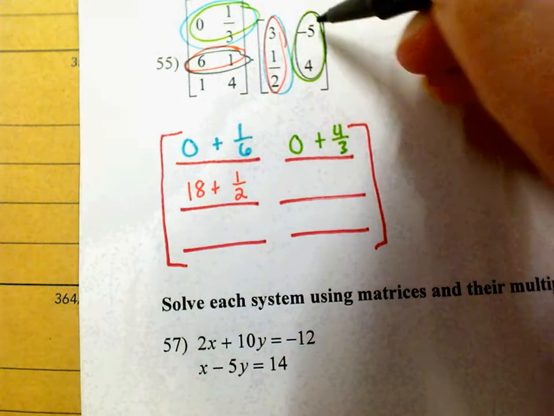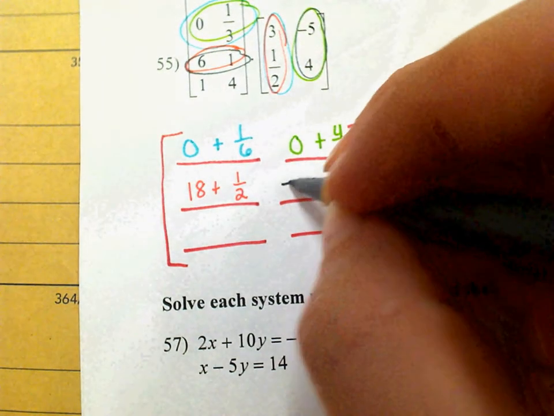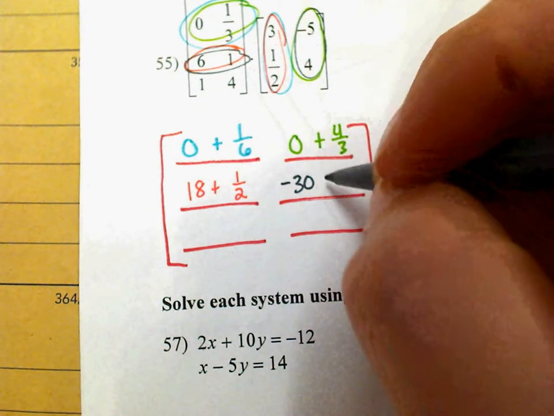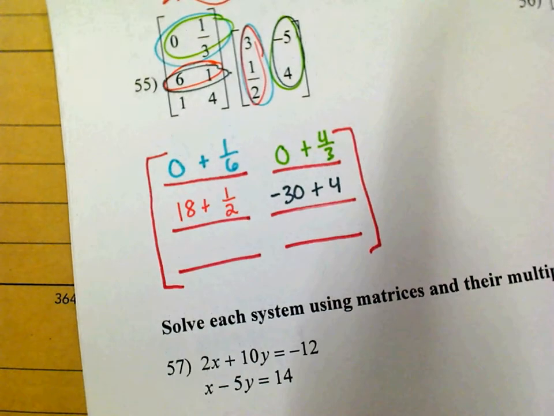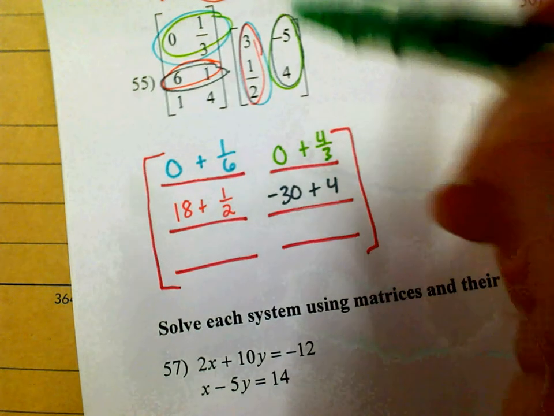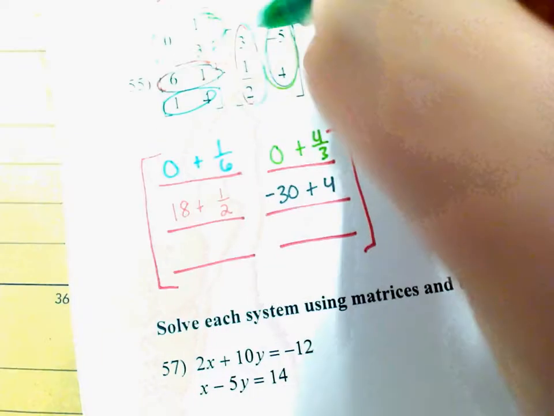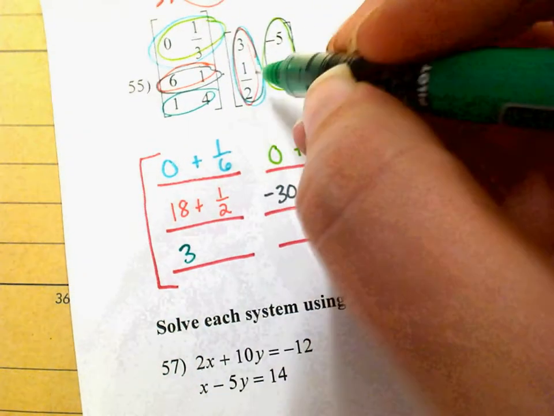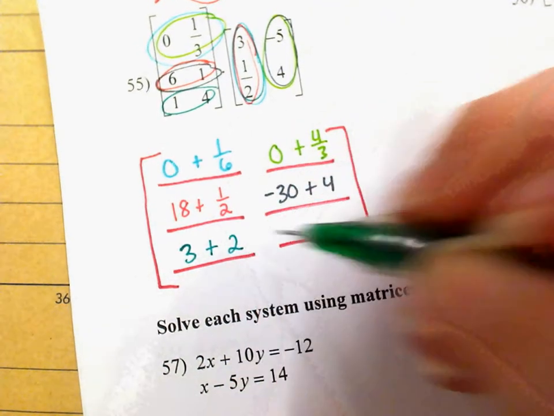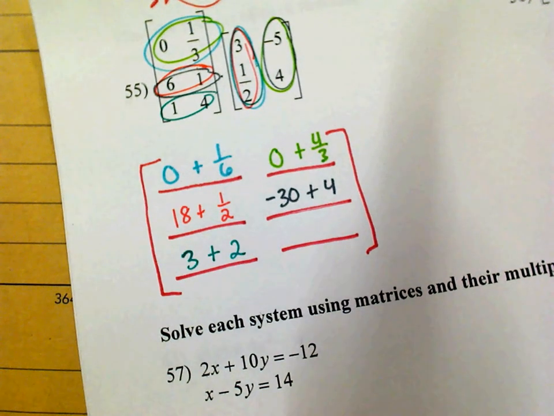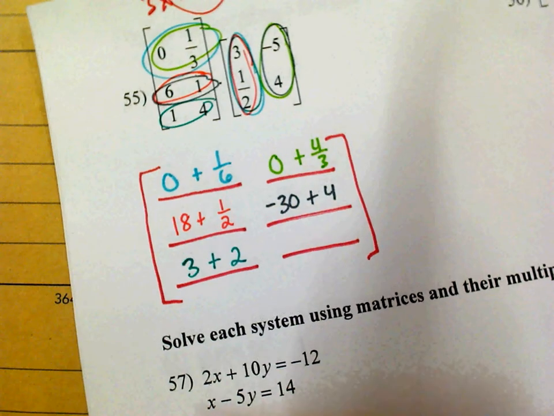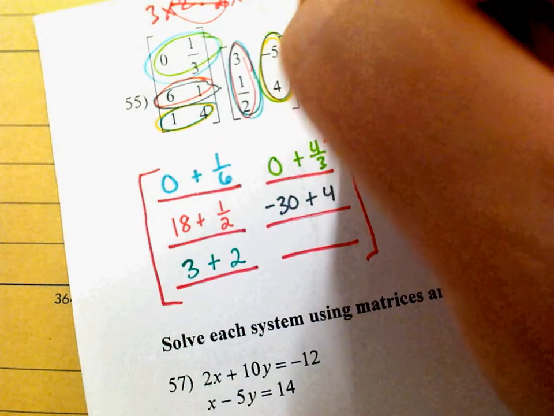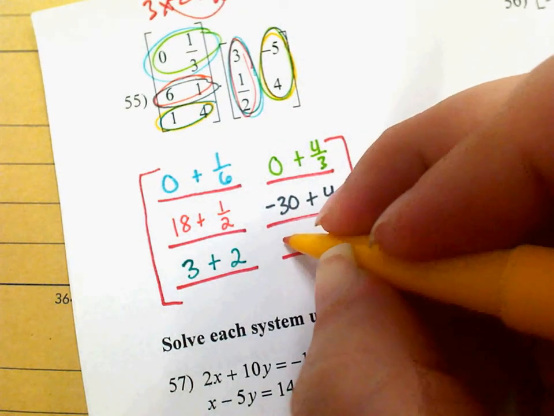And 1 times 4? Okay. Last row, so I've got 1 4 times 3 1/2. 1 times 3 is 3, and 4 times 1/2 is 2. And now I have 1 4 times negative 5 4. What's 1 times negative 5? And 4 times 4? 16.